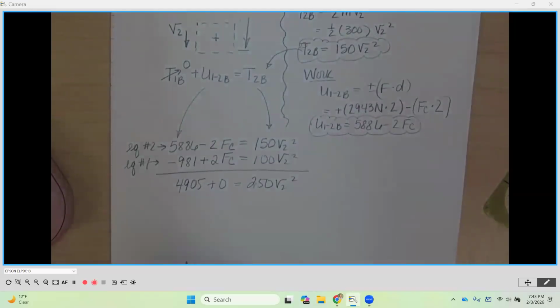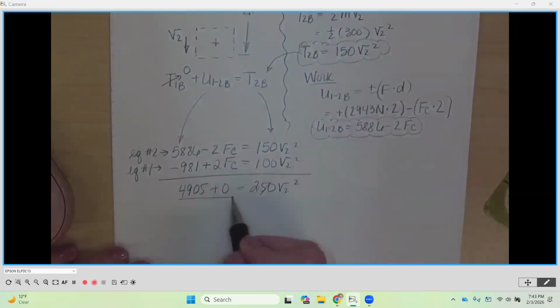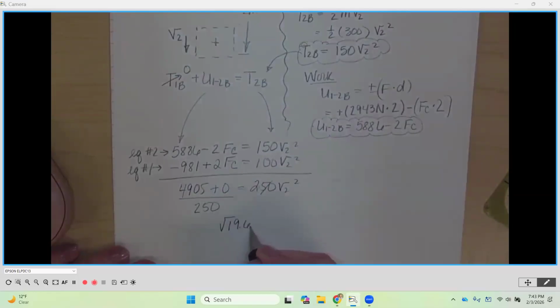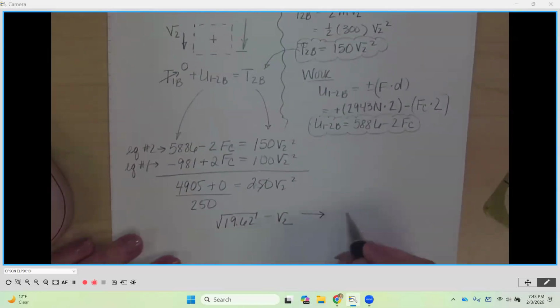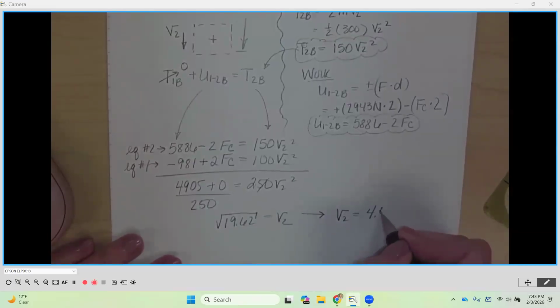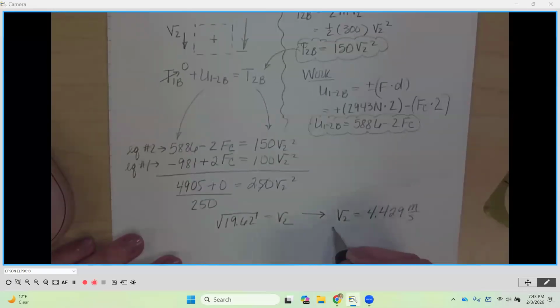So solving for V2, this is so fun. It's going to be the square root of 19.62 is equal to V2. So our velocity 2 is going to be equal to 4.429 meters per second.